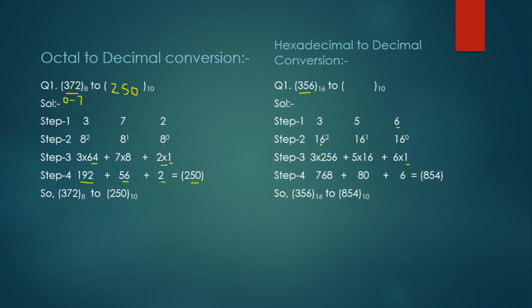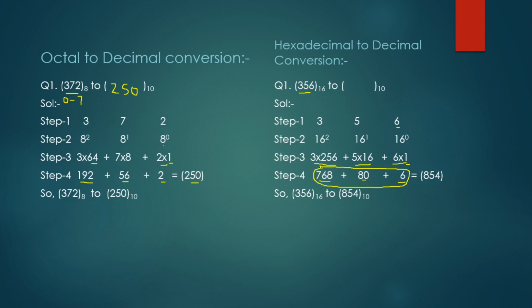Now plus sign. 16 raised to power 2 is 256, and you multiply it by the corresponding digit, that is 3. So when we multiply 256 by 3 you get 768, 5 into 16 is 80, and 1 into 6 is 6. In the last you have to add all these numbers.